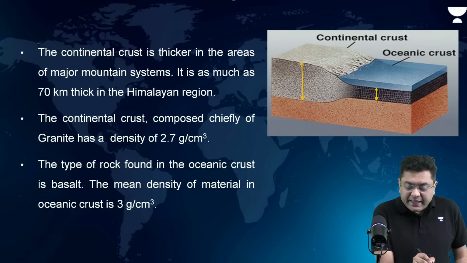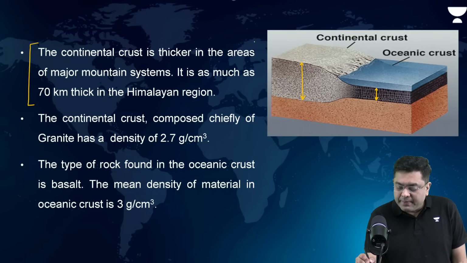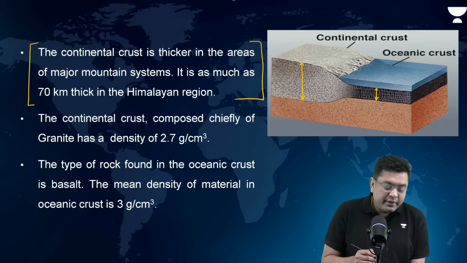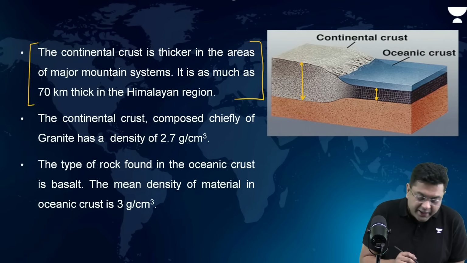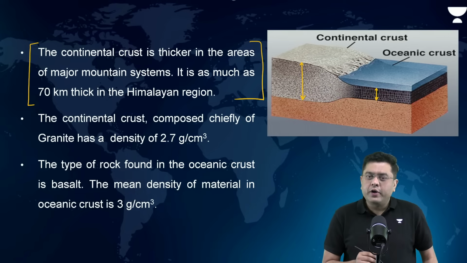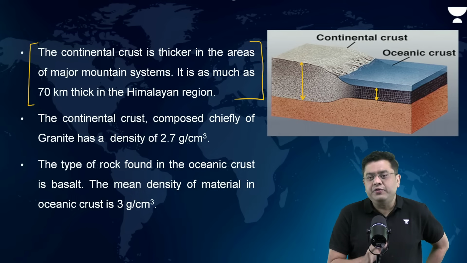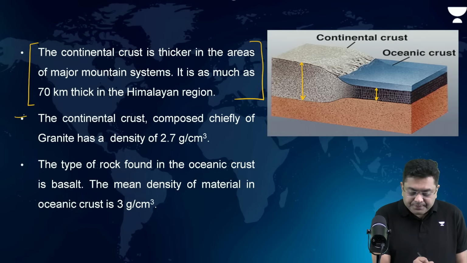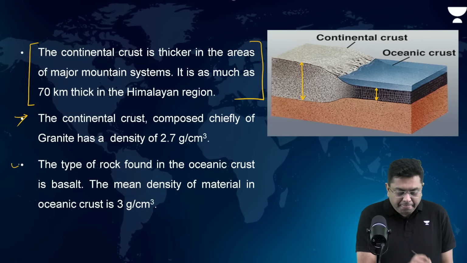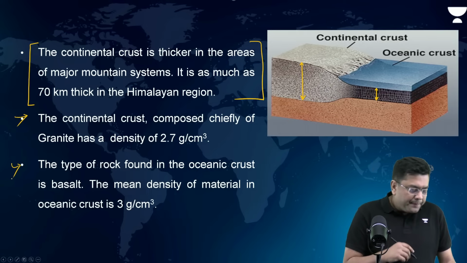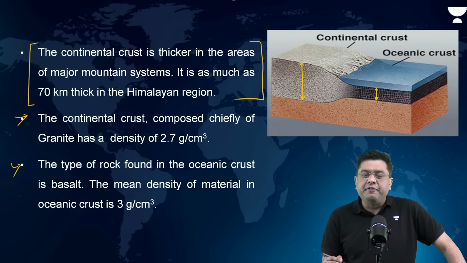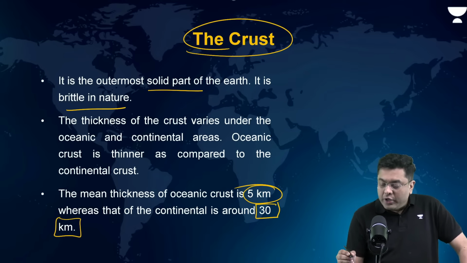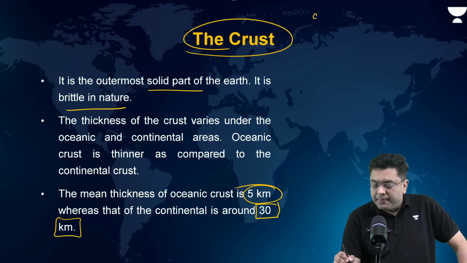So continental crust is thicker in areas of major mountain systems, as much as 70 kilometers in the case of the Himalayan stretches. Okay, this is line by line from the NCERT itself. But then, despite this fact, you will always observe that the continental crust is lighter.